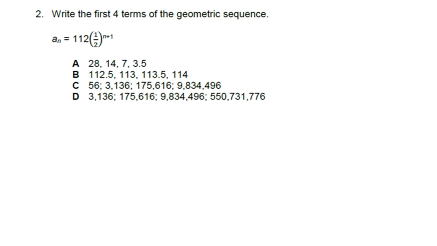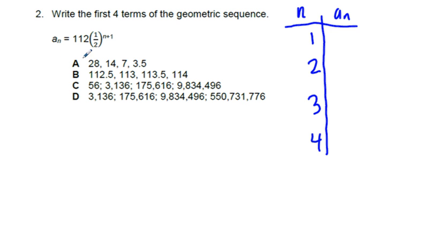Next, 2. Write the first 4 terms of the geometric sequence. So again, like number 1, you can just go like this and put n, a sub n. Well, let's see, 1, 2, 3, 4. So let's just plug in 1 here.